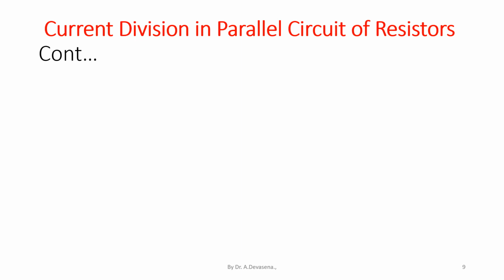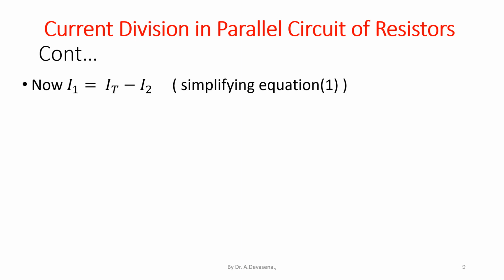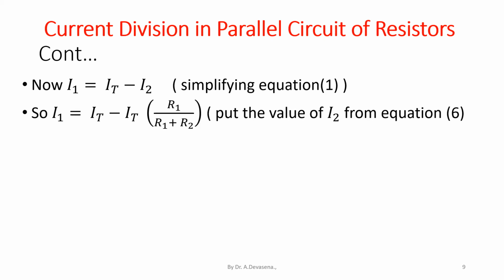Now, I1 is equal to I suffix T minus I2, that is simplifying equation 1. So, the value of I suffix 1 is equal to I suffix T minus I suffix T into R1 divided by R1 plus R2, because the value of I2 is substituted from equation 6.